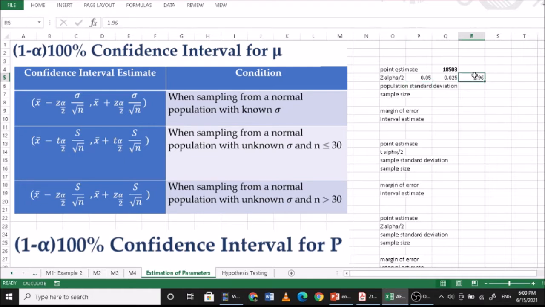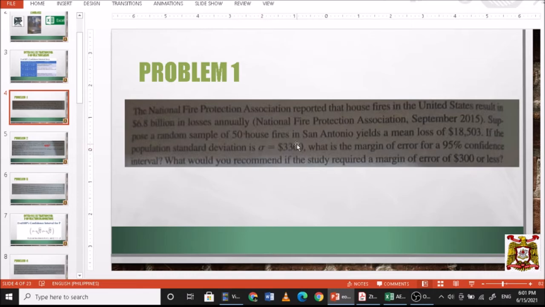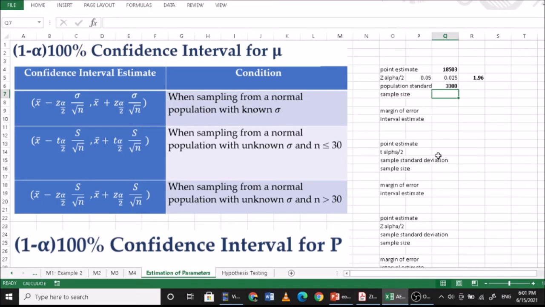And the population standard deviation is 3,300, as mentioned in the problem. Sigma is 3,300. The sample size is 50. Then using this formula, we solve for the margin of error. So the margin of error is z alpha over 2 times sigma over square root of n. We solve for the square root of n, which is the square root of 50.